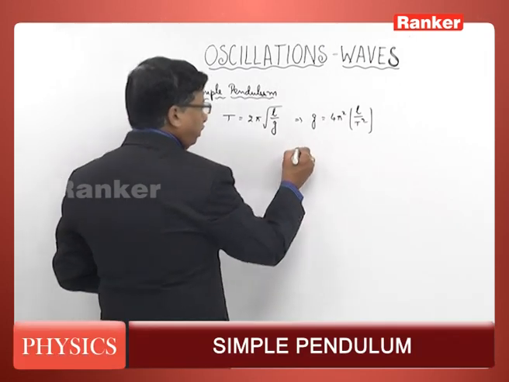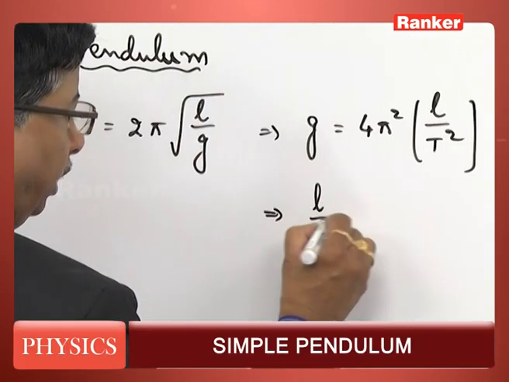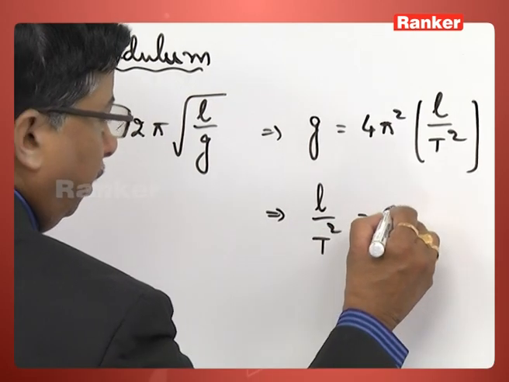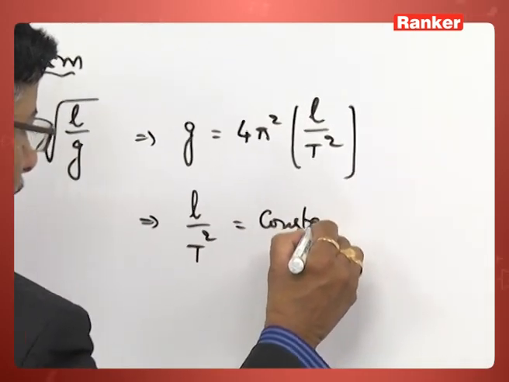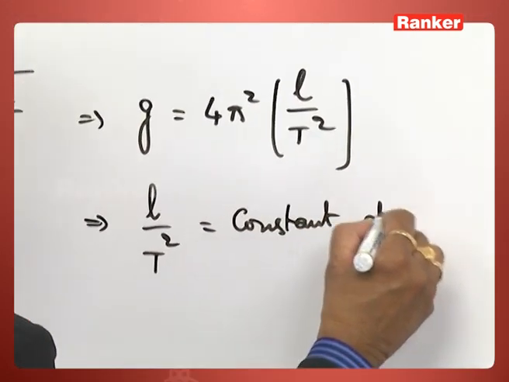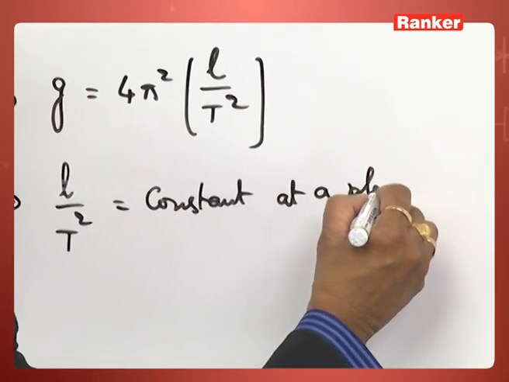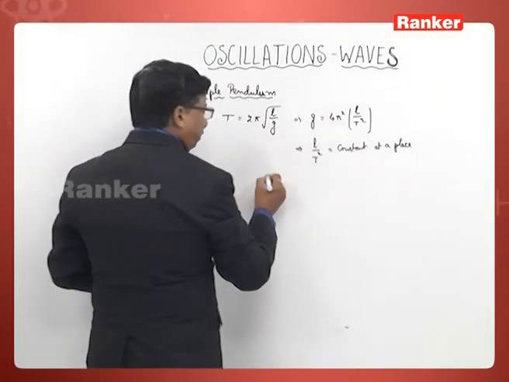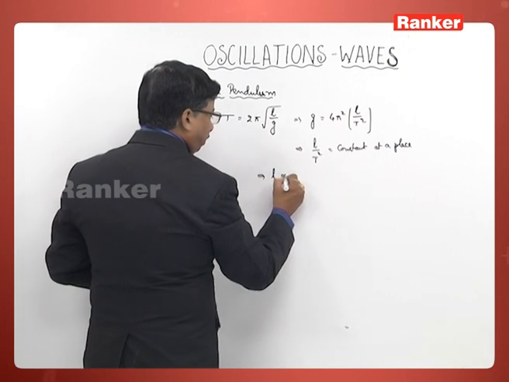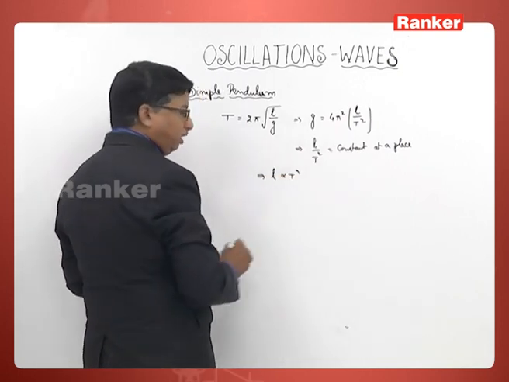Therefore, what is the next concept we need to know? L by T square remains constant at a place. L by T square remaining constant means you can directly understand L is proportional to T square.